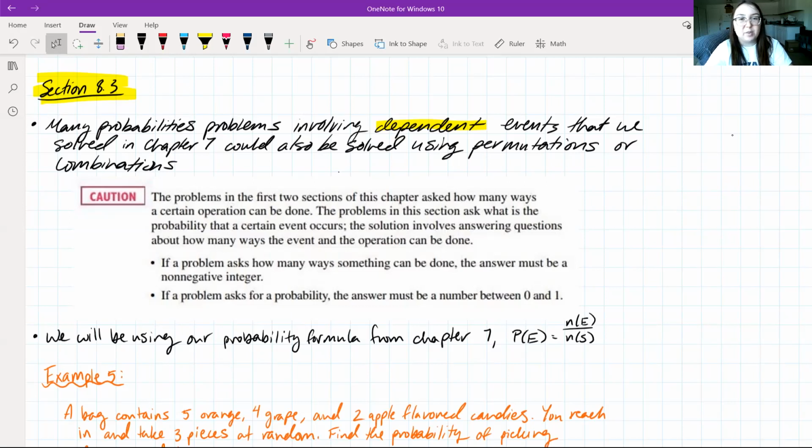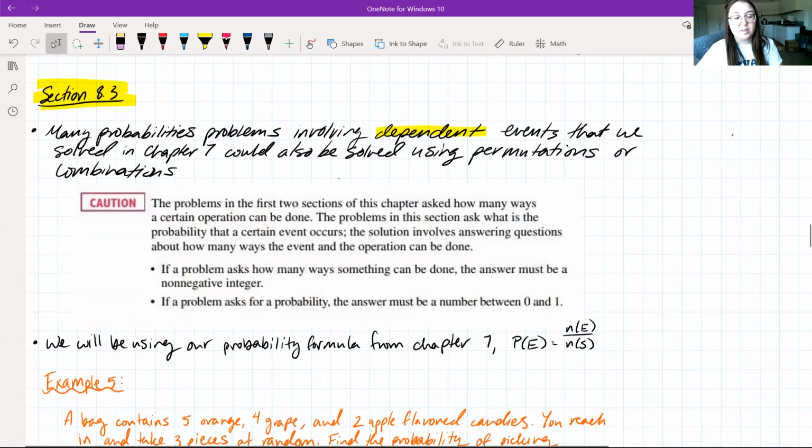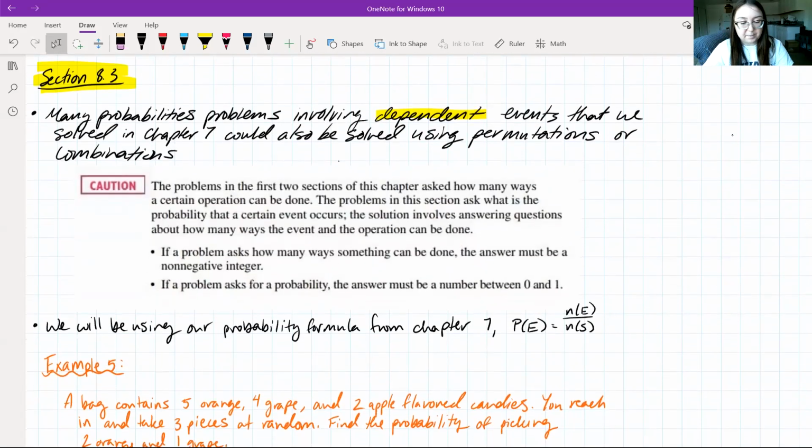So we're seeing here that if we ask how many ways there are to do something, we want to list, or we just want to find the number of ways that we find something. So this is going to be some very large number, just like we saw in all the other sections. But now in section 8.3, we're asking for a probability.